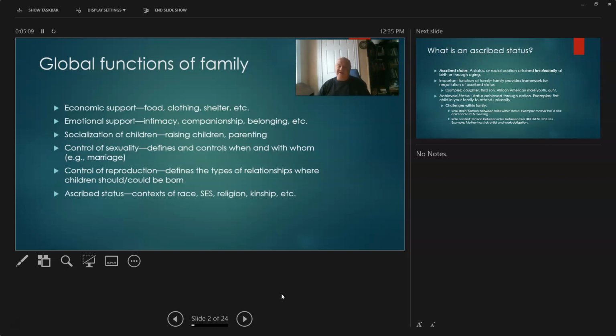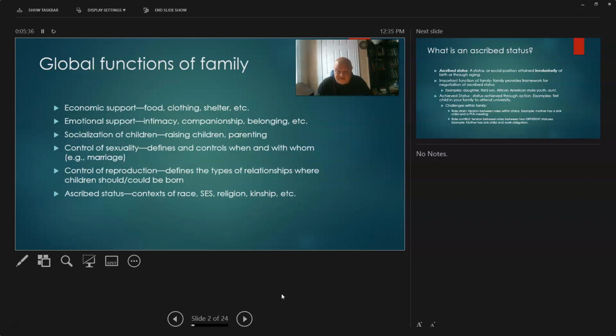Control of sexuality is, again, we draw on the anthropological literature. It defines and controls when and with whom people have sexual intimacy, marriage. In anthropology, historically, we've looked at incest taboos. It defines who, when, and with whom we do not have relationships.